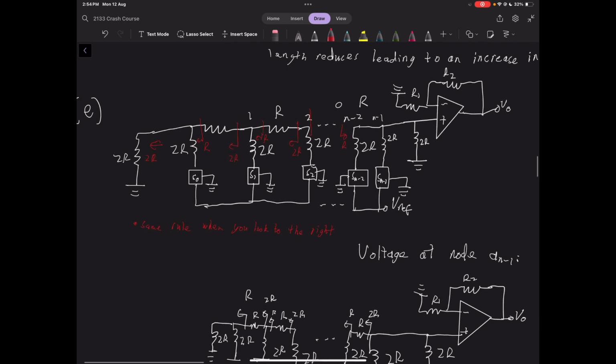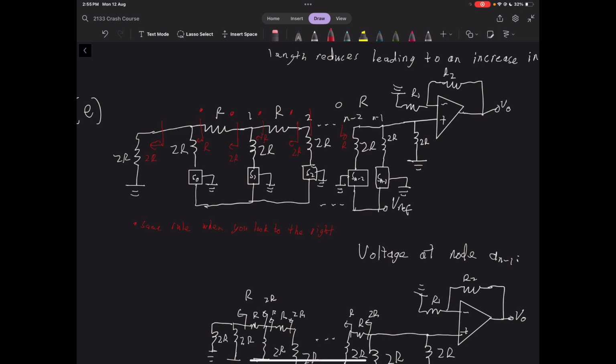One trick to these circuits is when we look to the left and right, they follow a very consistent pattern of what the equivalent resistance is. So at this point here, just to the left of this singular R resistor, the equivalent resistance is R, and then at this point here, it's 2R. Then at this point here, the equivalent resistance is R, and it's 2R here.